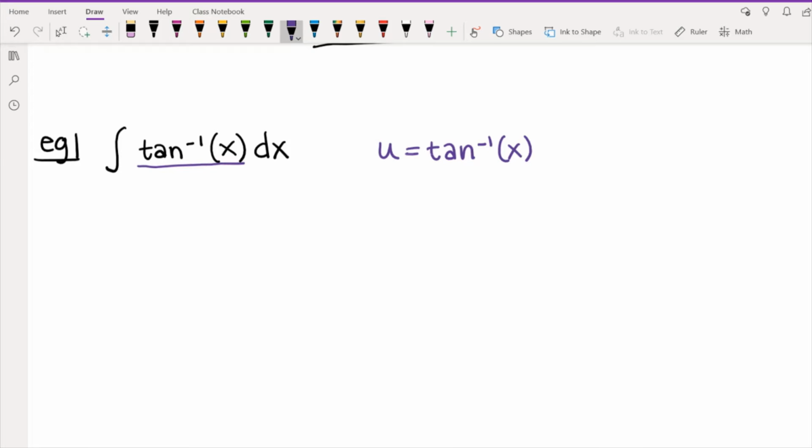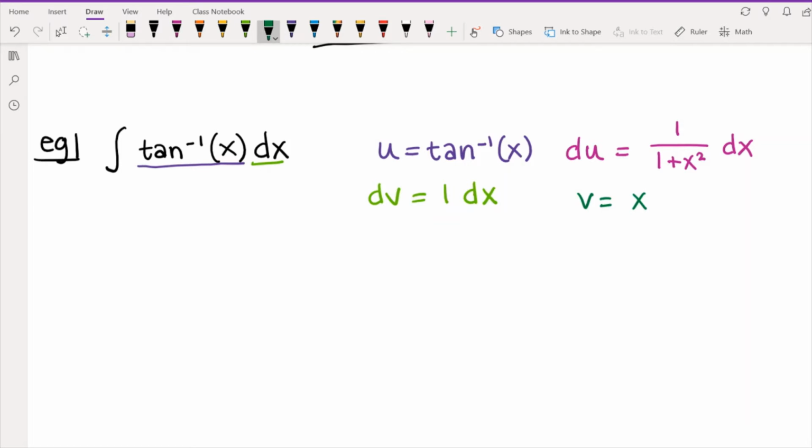That leaves us with 1 times dx as our dv. Now the derivative of inverse tangent is 1 over 1 plus x squared, so du is equal to 1 over 1 plus x squared dx. And then v is the antiderivative of dv, and so that is just x.